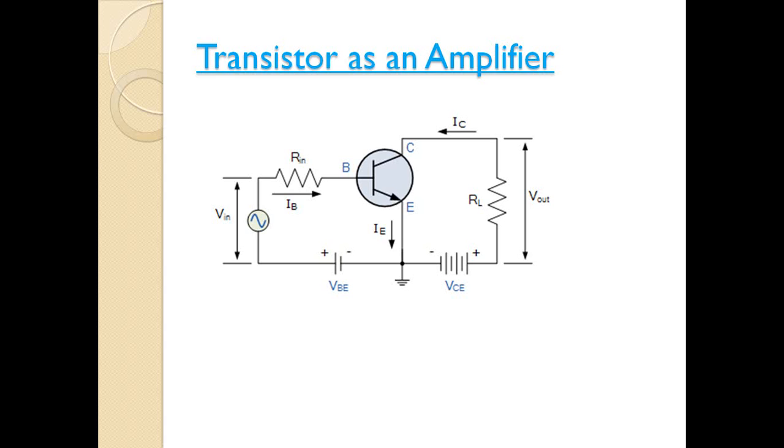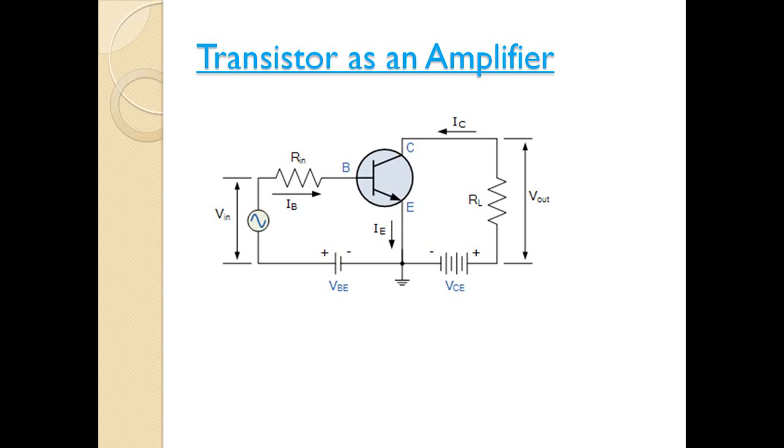From the above discussion, it is clear that the current in the low resistance input circuit is transferred to the high impedance output circuit. So the word transistor, which originated as a contraction of transfer resistor, is based on the above explanation.